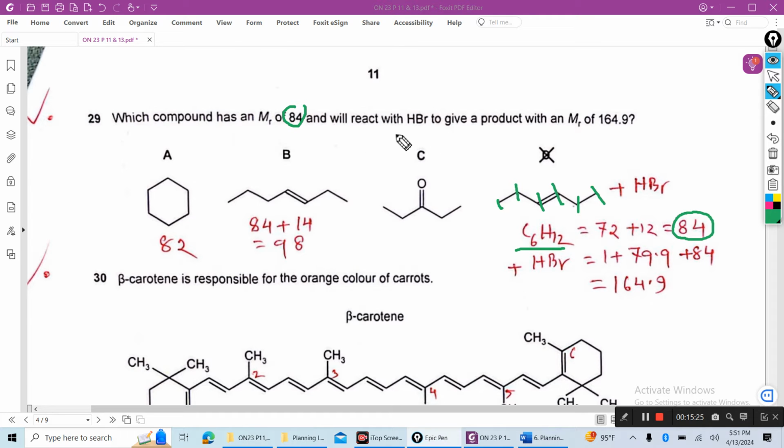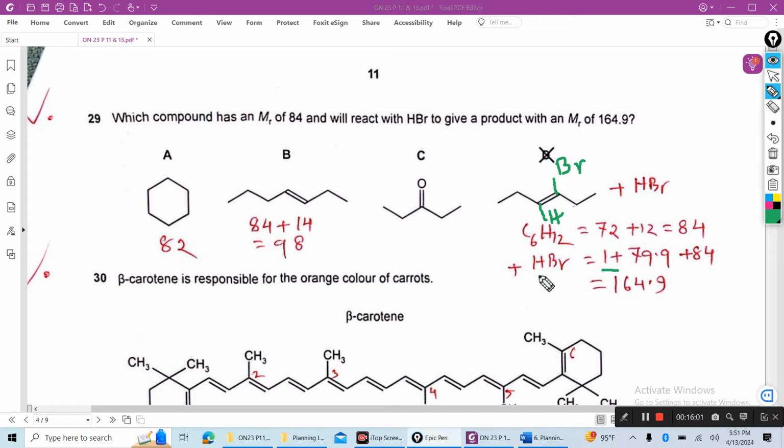So when it reacts with hydrogen bromide, HBr will be added, because hydrogen bromide is added to a carbon-carbon double bond. This molecule has a carbon-carbon double bond, so one hydrogen will be added here and one bromine will be added here. Total mass will be increased.